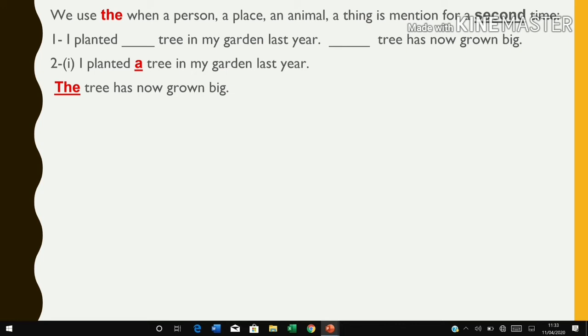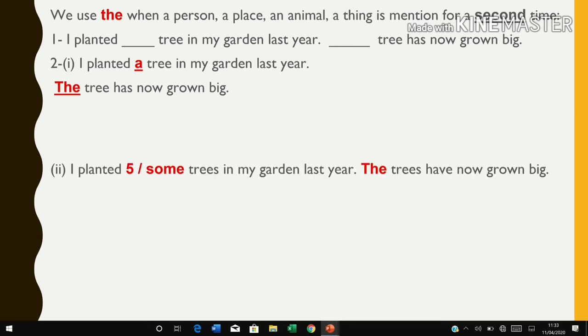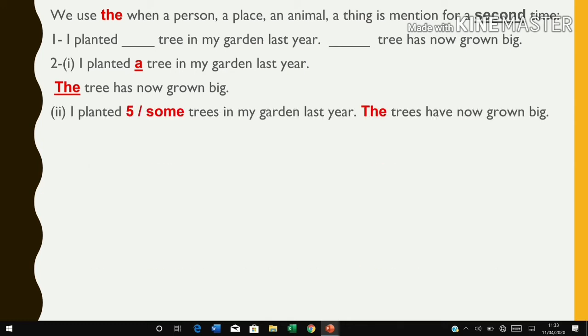In that case, we cannot use a or an before the plural noun, but we can mention the exact number. For example, you can say, I planted 10 trees. I planted 8 trees in my garden last year. Or if you don't want to mention the number, you can say, I planted some trees in my garden.